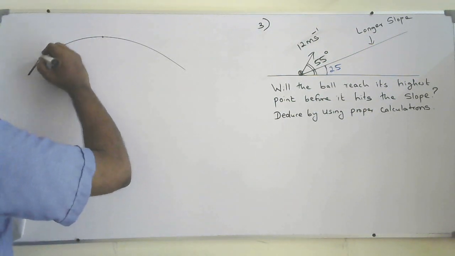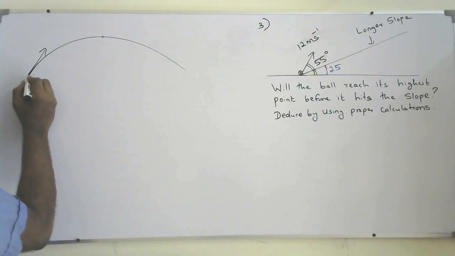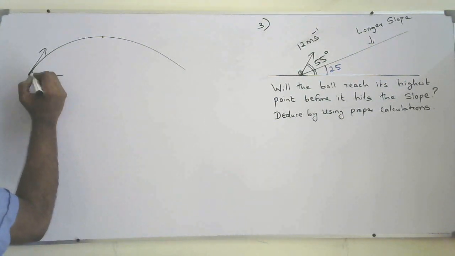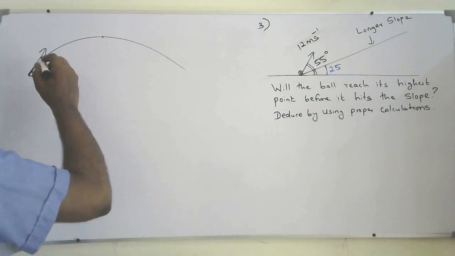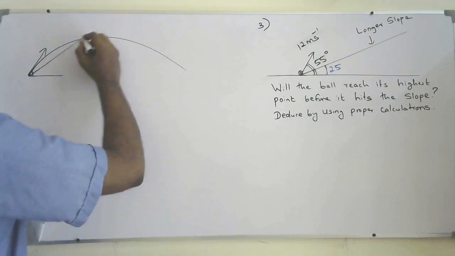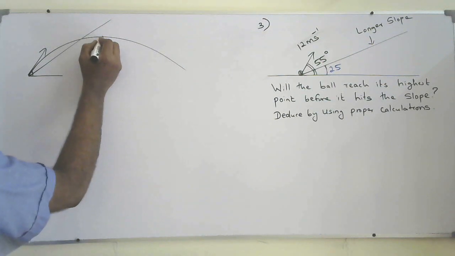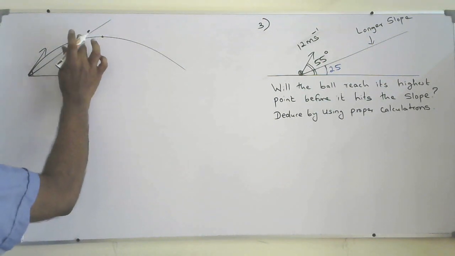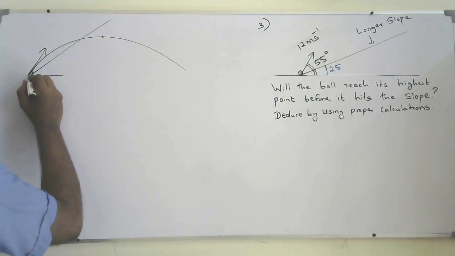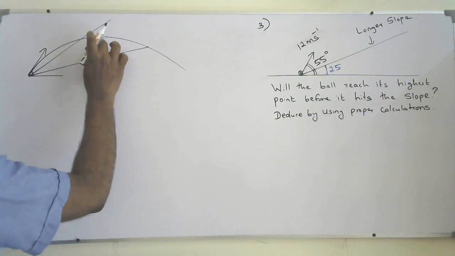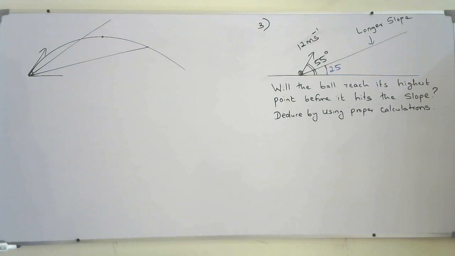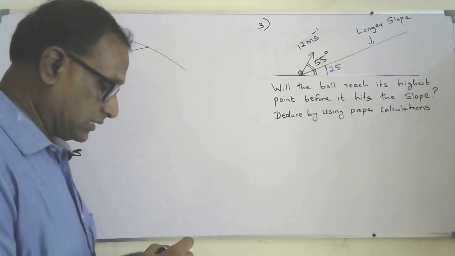The ball was projected from here at 55 degrees to the horizontal. We don't know the length of the slope, but if the slope is something like this, before it reaches the highest point, the ball will hit the slope. But if the slope is something like this, the ball will reach the highest point before hitting the slope. What will happen? That's the question.